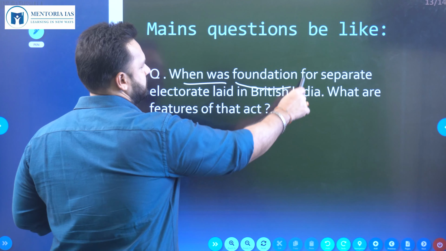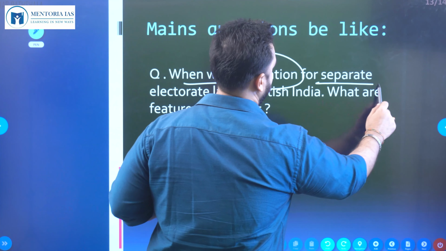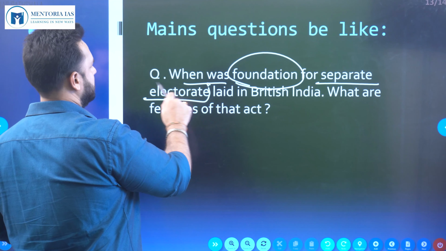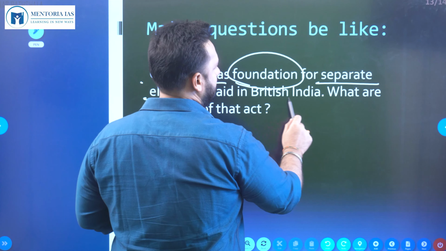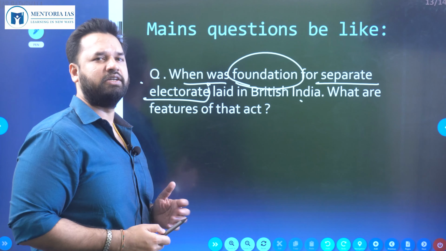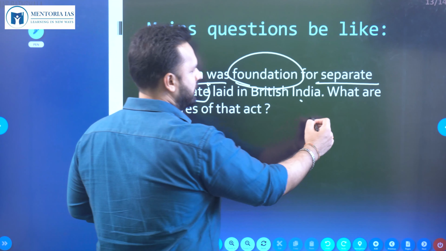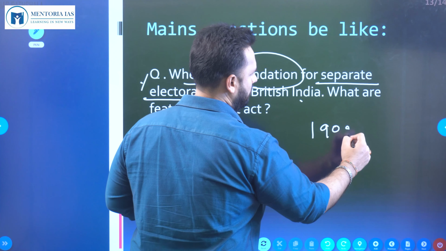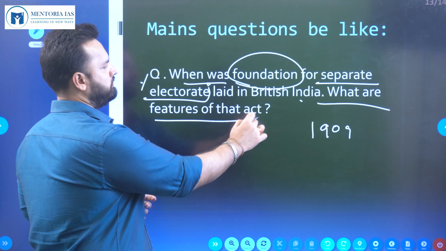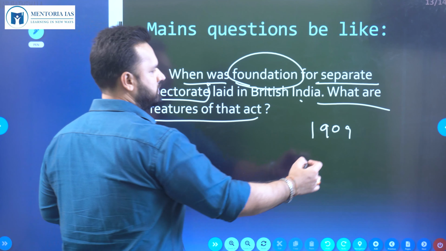When was the foundation of separate electorate laid in British India? This is the keyword. So it is asking which act laid separate electorate. We discussed 1909. Okay, and what are the features of that act? So it is asking for the features of this act.